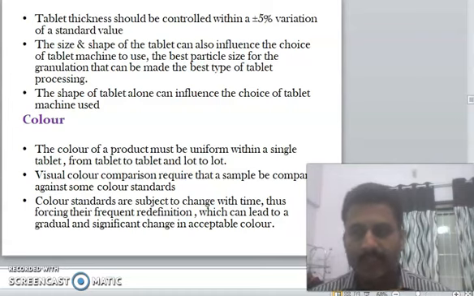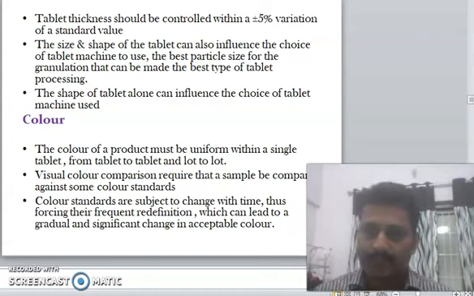If the thickness is given as, say, about 10 mm, then you can measure each tablet's thickness individually using a screw gauge, and then find the average. The individual tablet should have a thickness within plus or minus 5% of the average value you got. That is the meaning of plus or minus 5% variation of the standard value. So that's the first test.